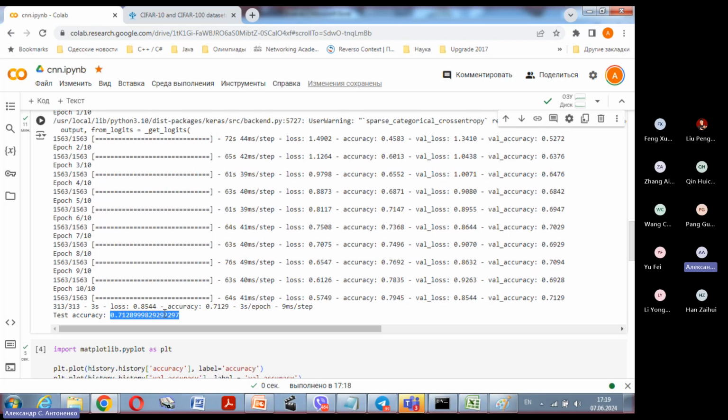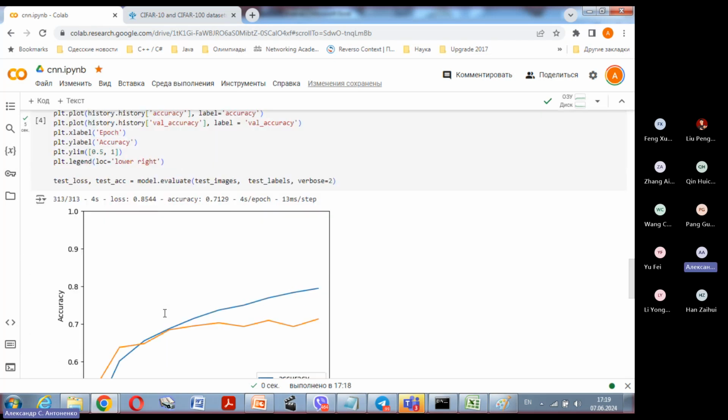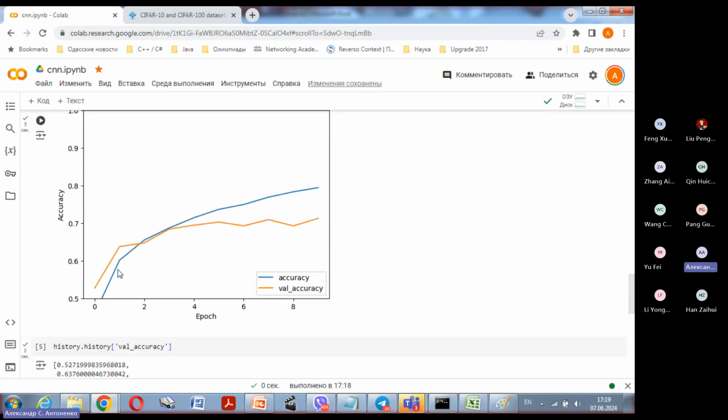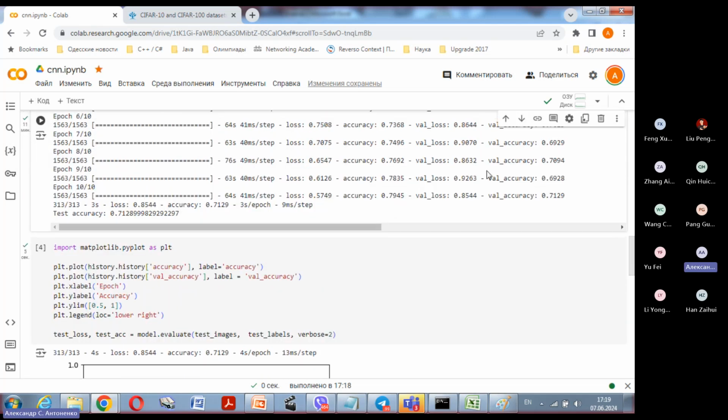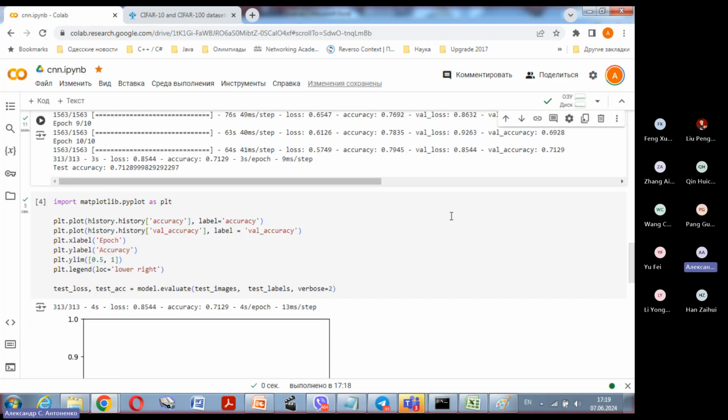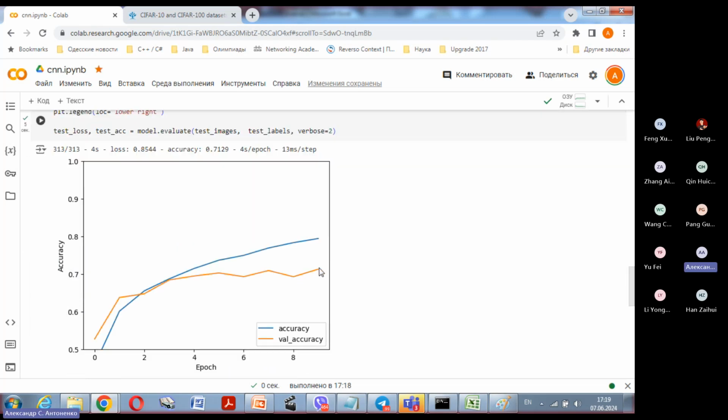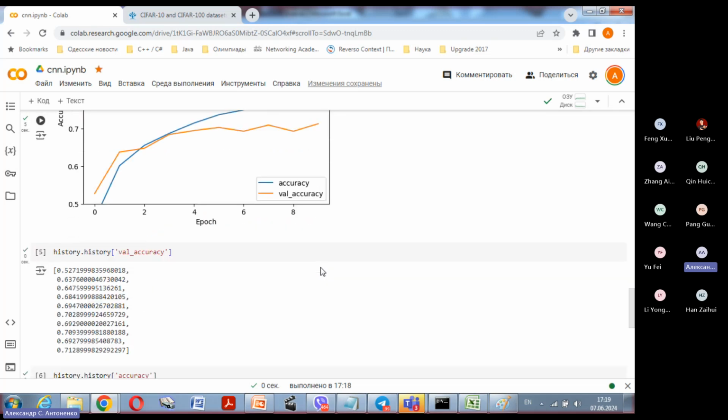So test accuracy. And if we plot our accuracy, then our accuracy on training, of course, increases very steadily, not very rapidly, but quite steadily. But the accuracy on the validation set increases quite slowly.